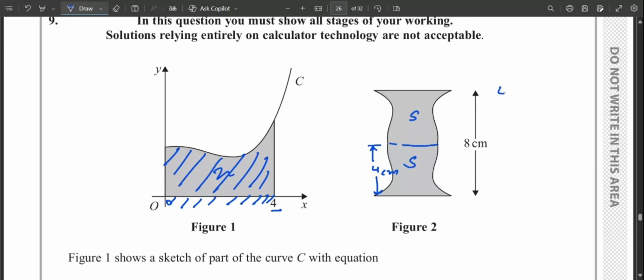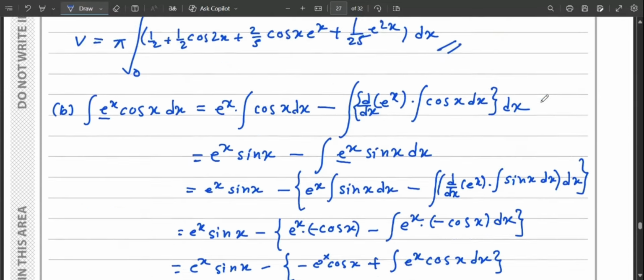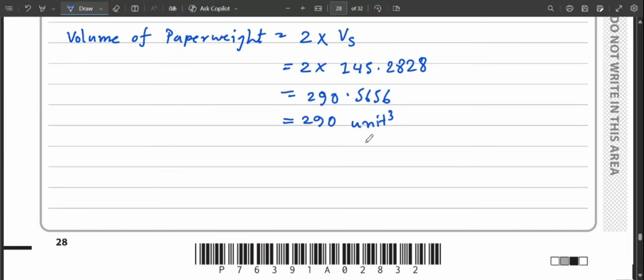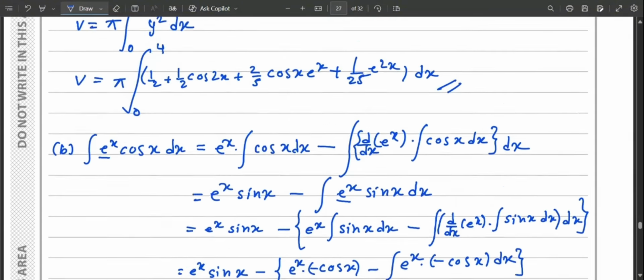So we can say that 4 centimeters in our object is equivalent to 4 units from our graph. So this means that a volume of 290 unit cubed will be equal to 290 centimeters cubed in real units. So this is our answer to our part C. And this concludes our question number 9.